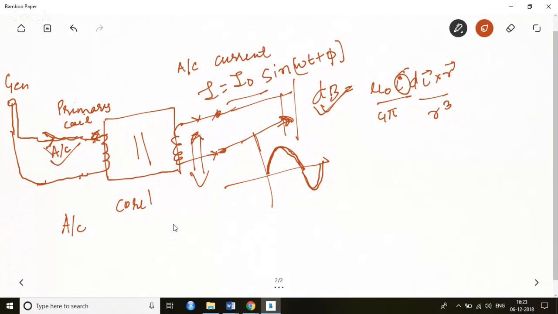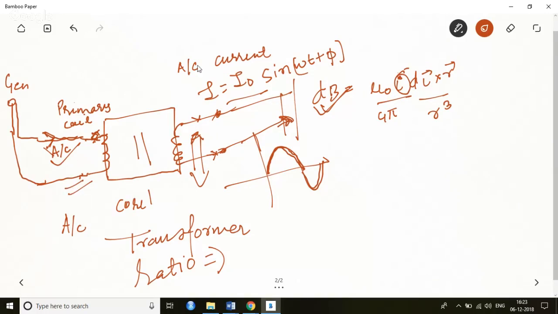What happens over here is that the fundamental of the transformer is that there is one thing called the transformer ratio. What do I mean by transformer ratio? The power transferred from this side would be equal to the power transferred on the other side. And what is power?